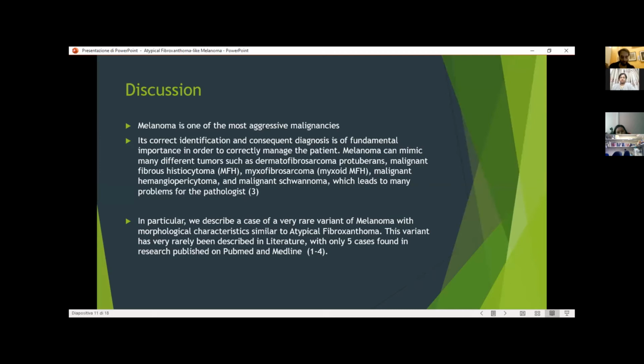Melanoma can mimic many different tumors, such as dermatofibrosarcoma protuberans, or malignant fibrous histiocytoma, or myxofibrosarcoma, malignant hemangiopericytoma, and malignant schwannoma, which leads to many problems for the pathologist. In particular, we describe a case of a very rare variant of melanoma with morphological characteristics similar to atypical fibroxanthoma.